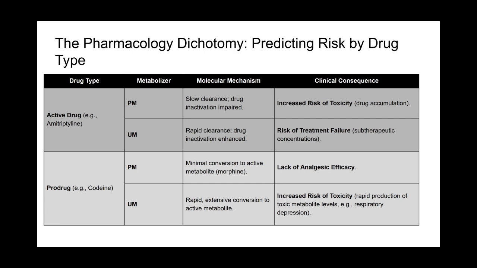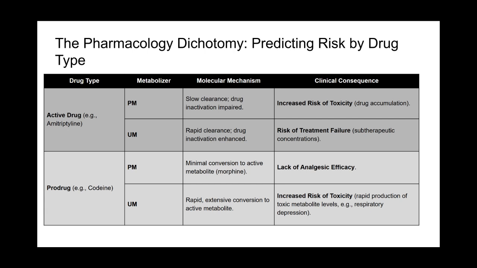Active drugs, such as tricyclic antidepressants, are compounds that become active upon administration and are later inactivated through the process of metabolism. In individuals with a poor metabolizer profile, the drug is eliminated from the body slowly, which can lead to accumulation. This buildup results in elevated concentrations of the drug in the plasma and increases the risk of dose-dependent toxicity.